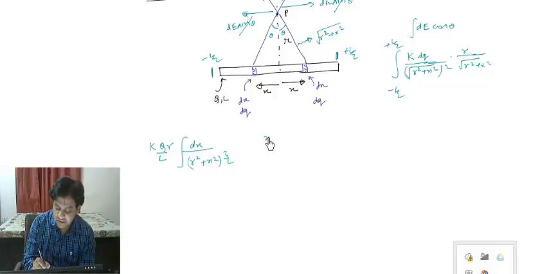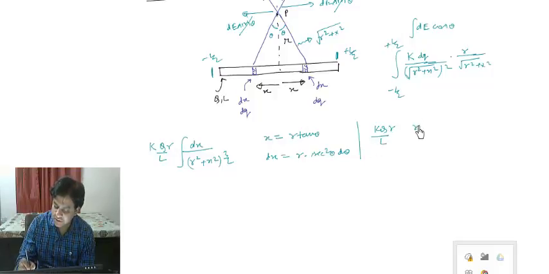So let's take x equal to r tan theta. Then what I'll get is dx equal to r sec square theta d theta. If I put the value of dx in the above equation, then what I'll get is k q r by L.